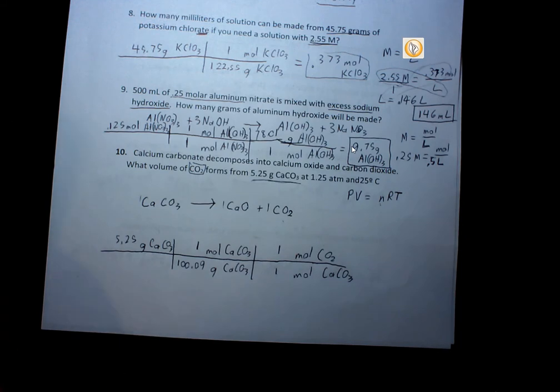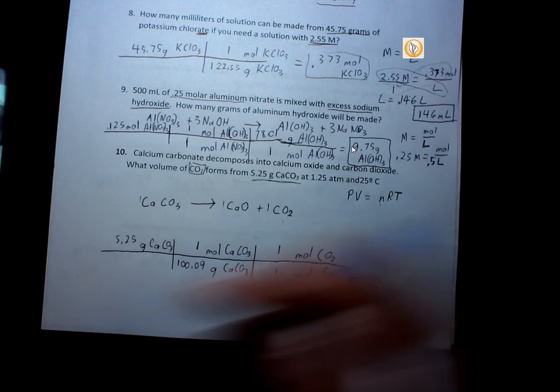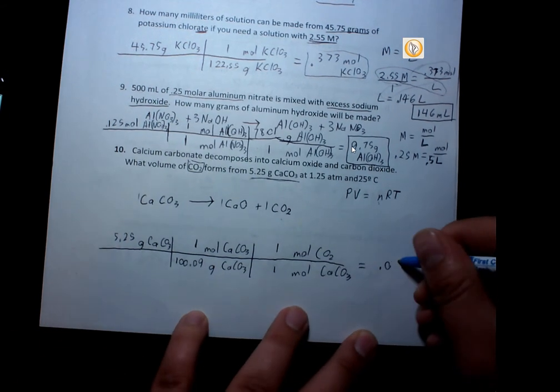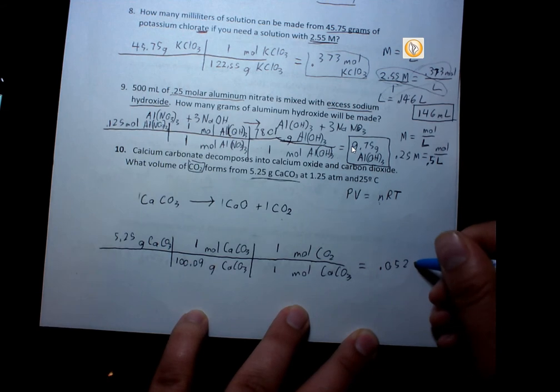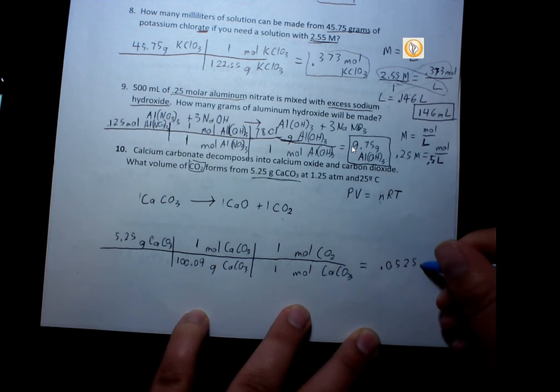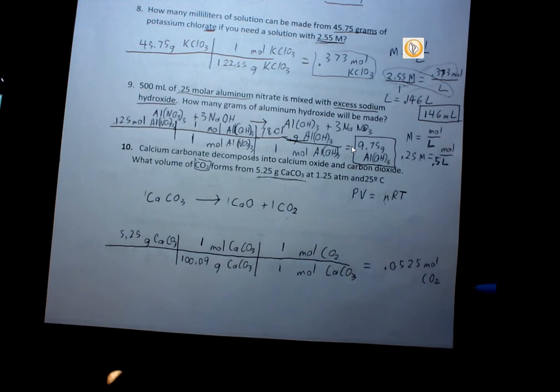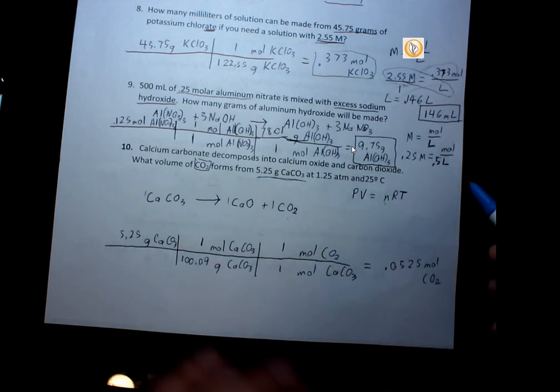Multiply across, divide down, 5.25 divided by 100.09 gives us 0.0525 moles of CO2. Now that's only half the question, so now we have to actually plug that into PV equals nRT.